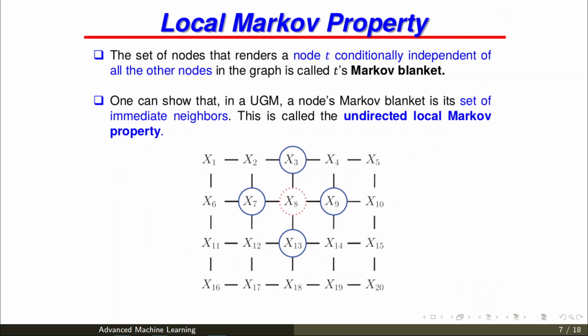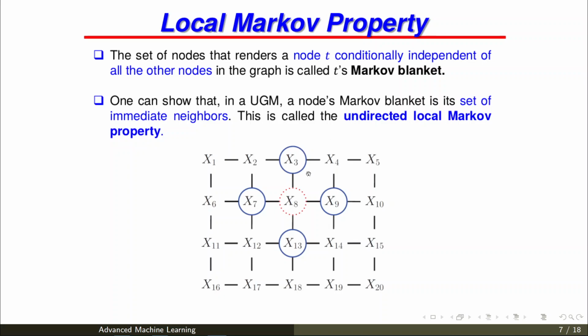Next is the local Markov property. The local Markov property is basically defined in terms of the immediate neighbors of a node. If you fix the immediate neighbors as the Markov blanket, then this node will become separated from all the other nodes in the graph, and this is called the local Markov property.